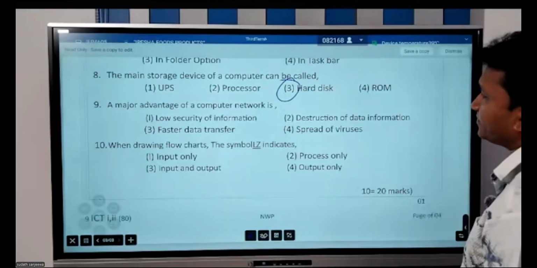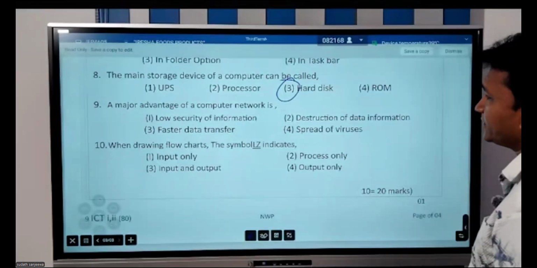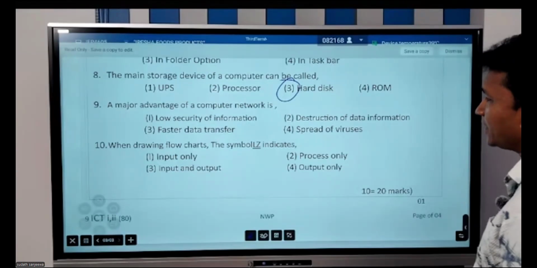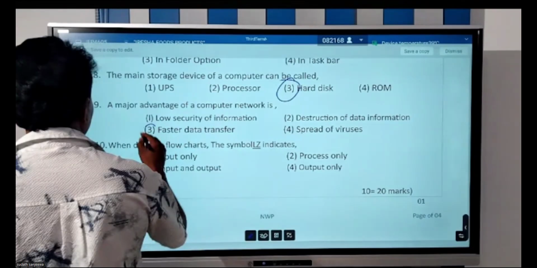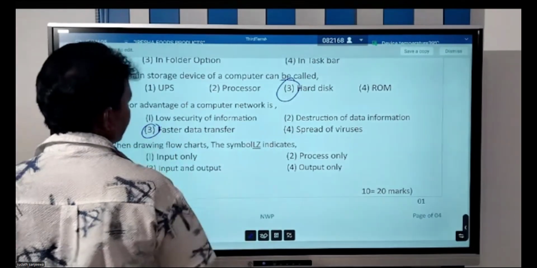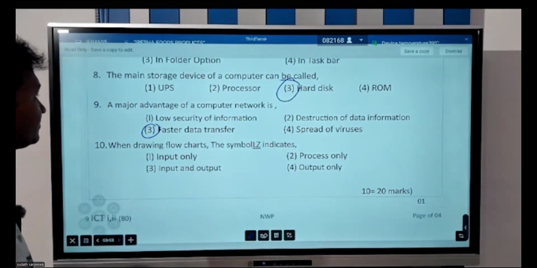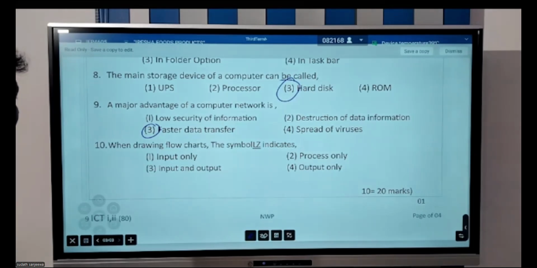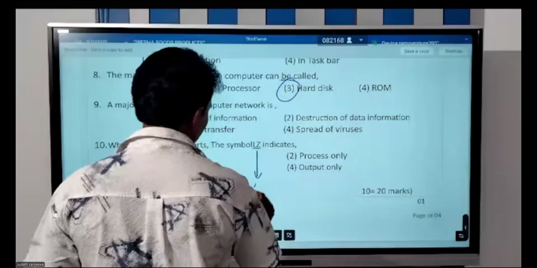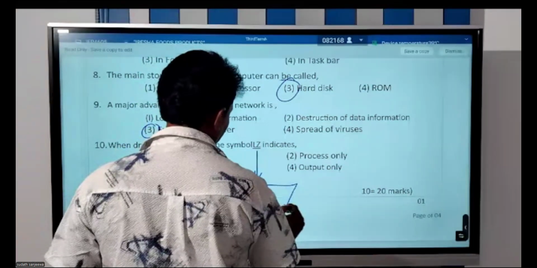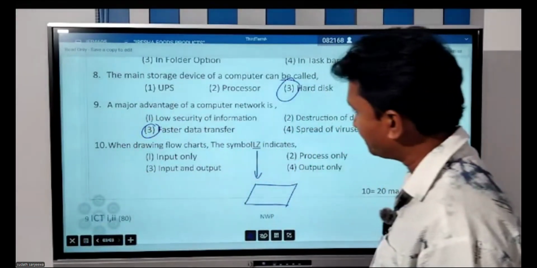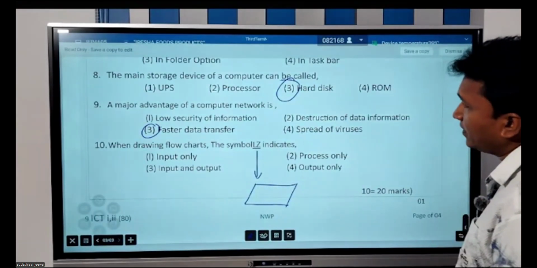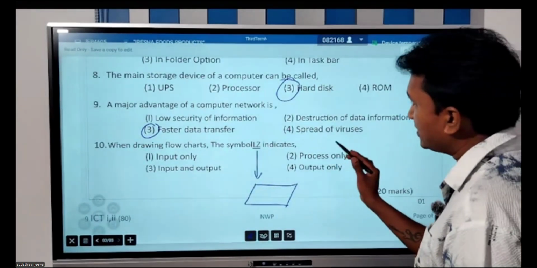When drawing flowcharts, this symbol indicates what?